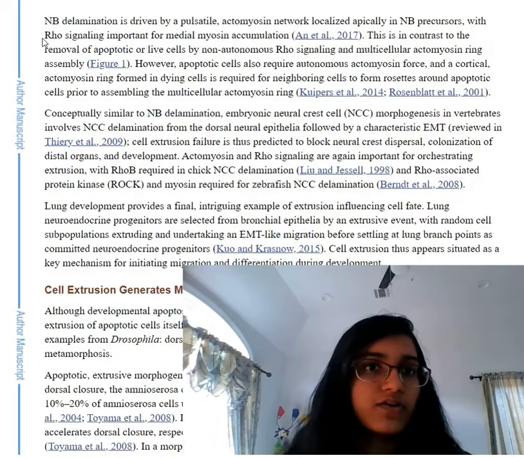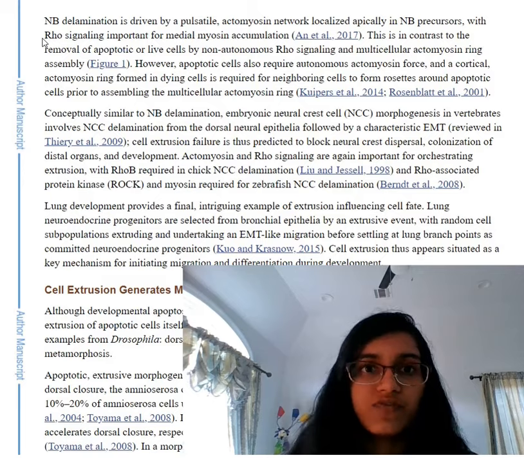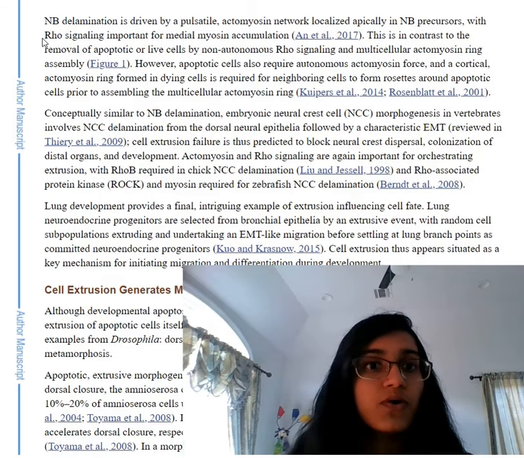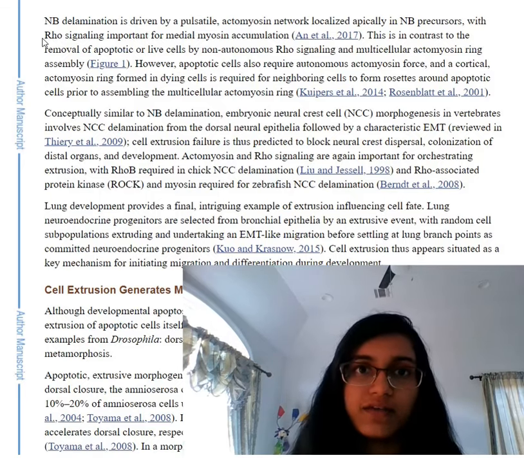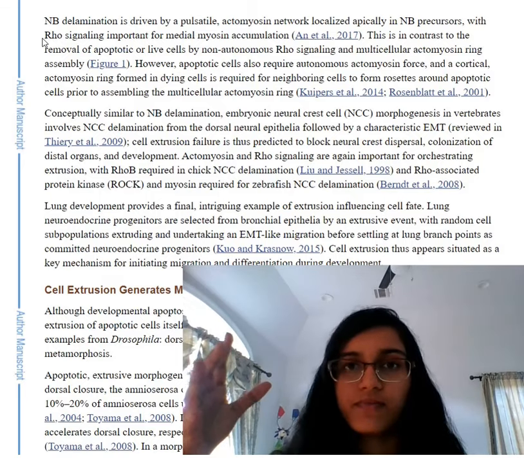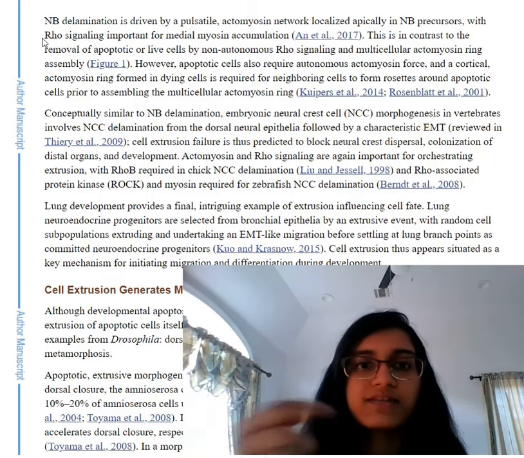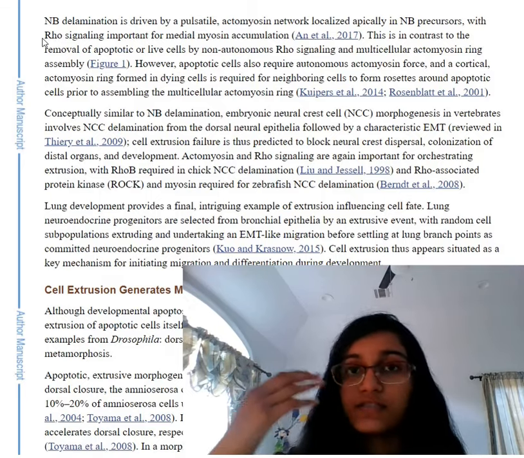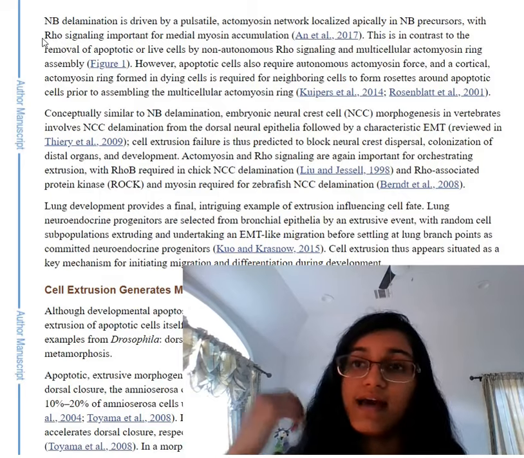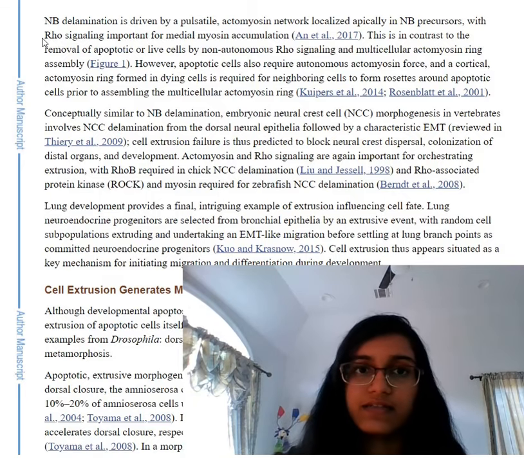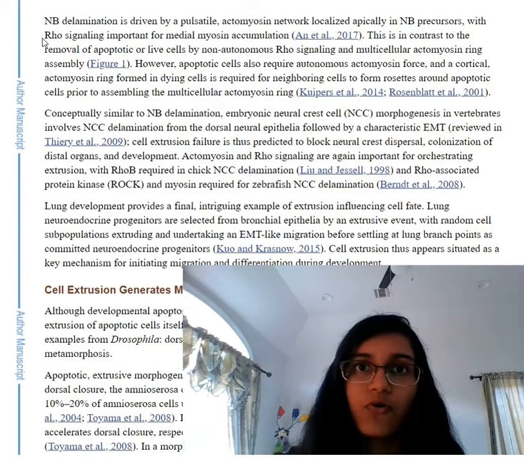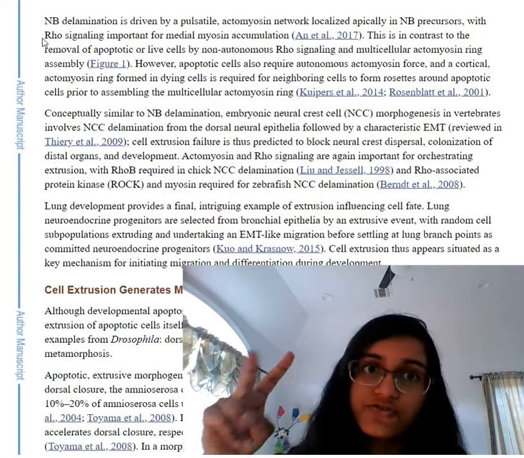Looking at the first one here, neuroblast delamination is driven by a pulsatile actomyosin network localized apically in neuroblast precursors, with Rho signaling important for medial myosin accumulation. Again, what we see from this paragraph, and what they go on to say as well, is that since the Rho signaling pathway is what activates the actomyosin signaling, Rho signaling also plays a role in linking cell fate and cell extrusion.